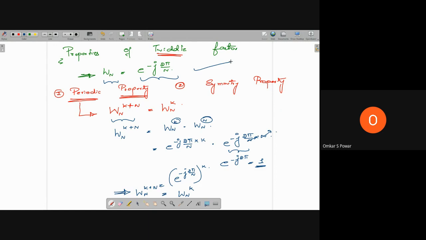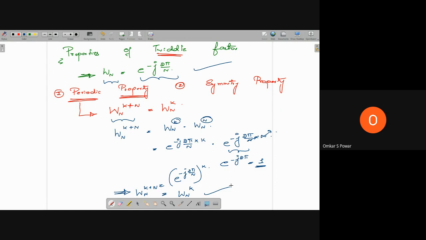Simple. We know from basic mathematics that a power m plus n is equal to a power of m into a power of n. Then substitute for the Twiddle factor, and the right hand side term is equal to 1. What is remaining is omega n of k plus n is equal to omega n of k. This is the simplest derivation for the periodic property.